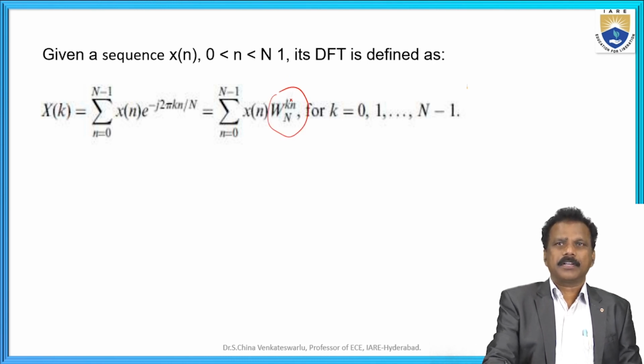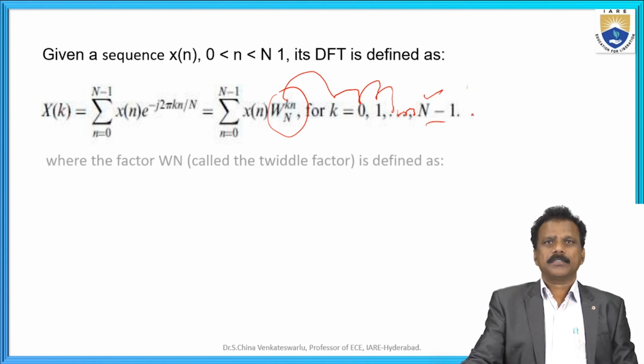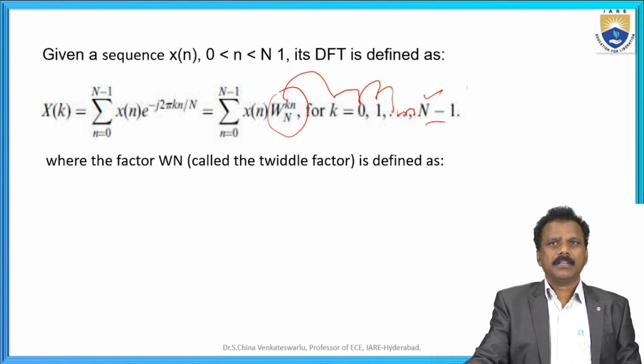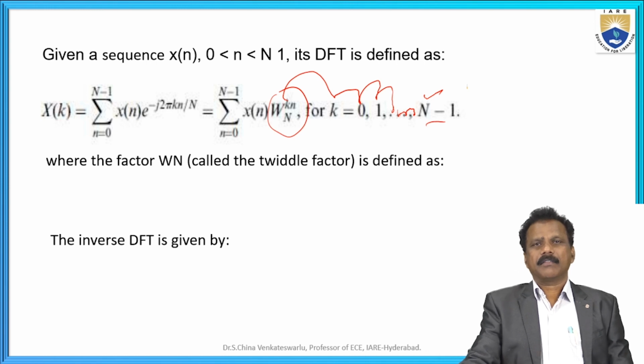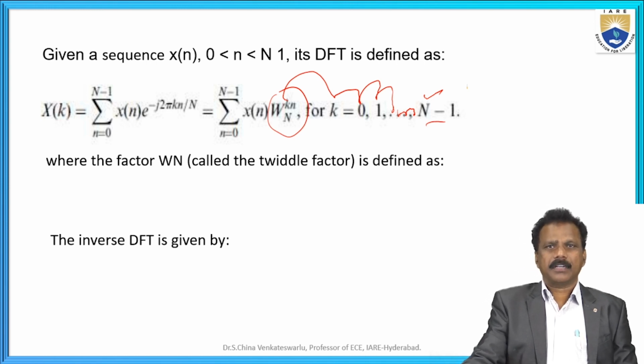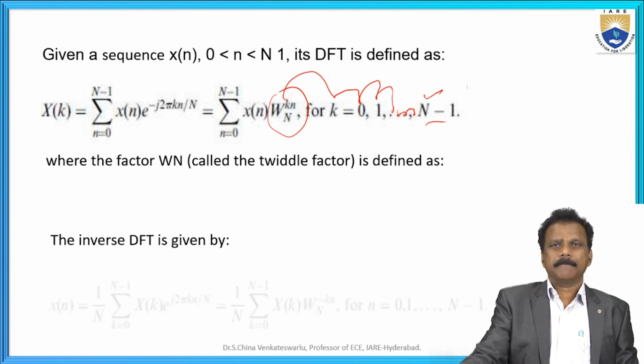The k value is ready to substitute: k equal to 0, 1, 2, 3, 4, 5 up to N minus 1. Here the factor WN is called the twiddle factor. We know how it is defined. After that, how will we write the inverse DFT and how is it defined?